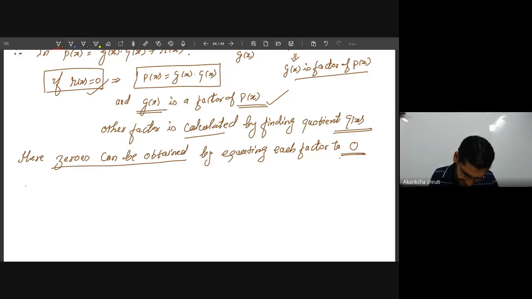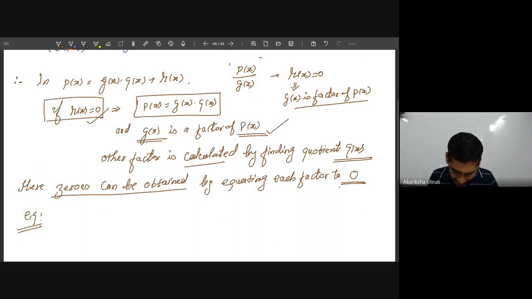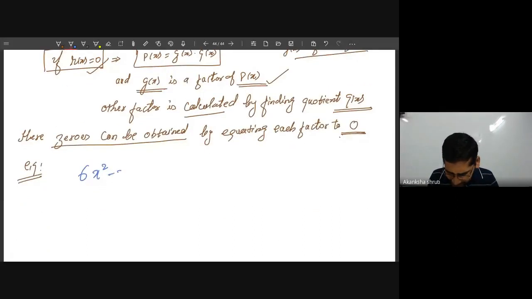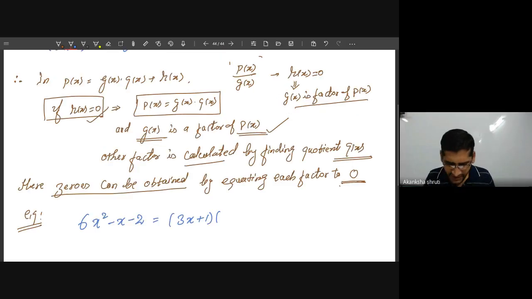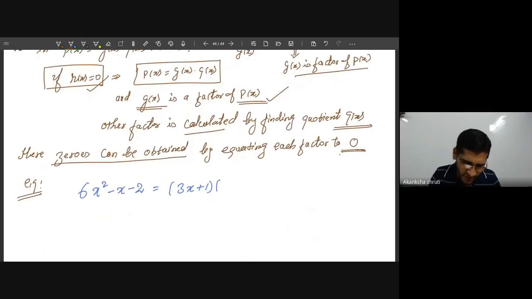Example, above we have written that 6x square minus x minus 2 can be written as the product of 2x plus 1 and 3x minus 2.